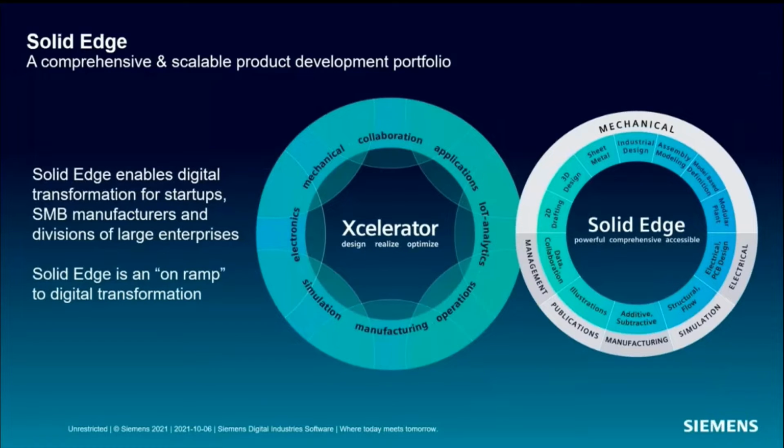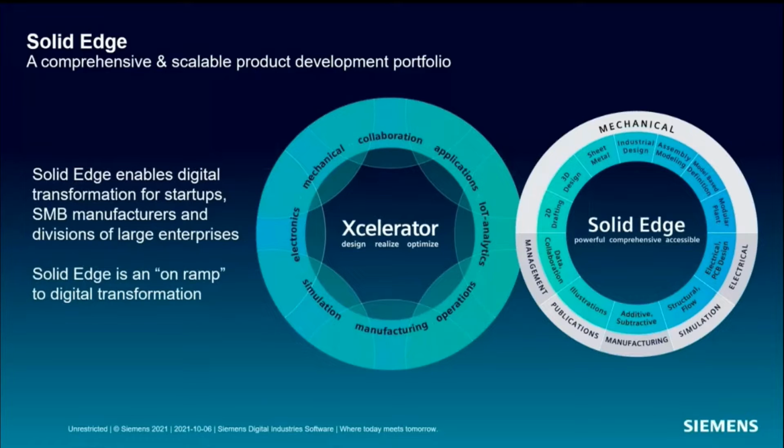Solid Edge is a key part of the Siemens Accelerator portfolio and is focused on the requirements of small and medium-sized manufacturers. Solid Edge enables manufacturers to create a comprehensive digital twin of their products and includes solutions for mechanical design, electrical design, simulation, manufacturing, and publications.